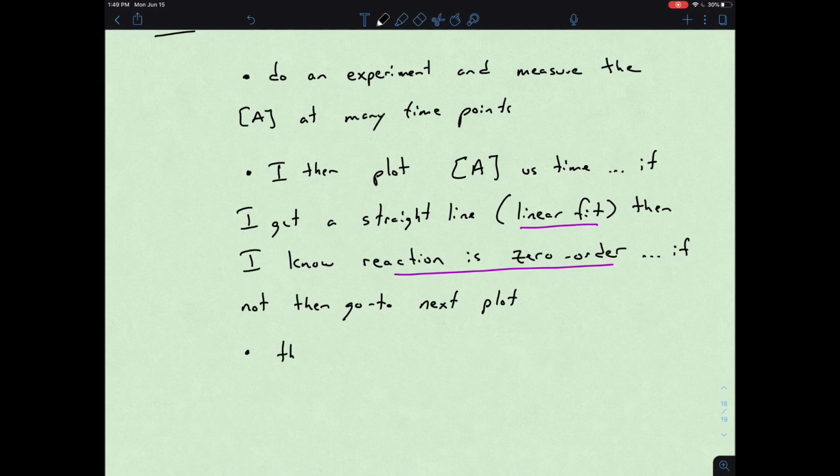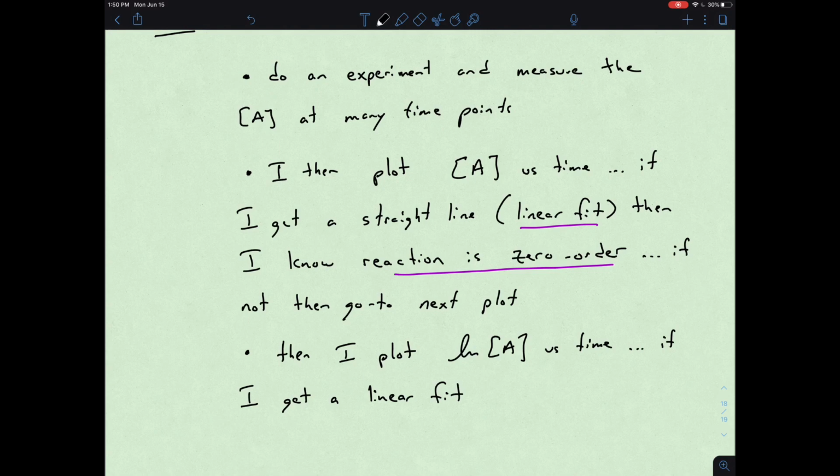So then I plot the natural log of concentration versus time. Again, if I get a straight line, or my linear fit, then I know the reaction is first order.